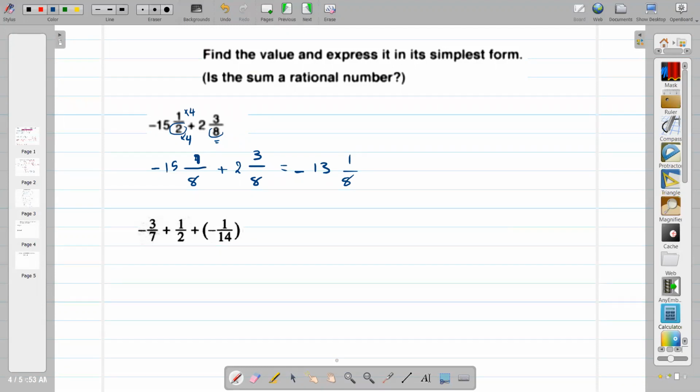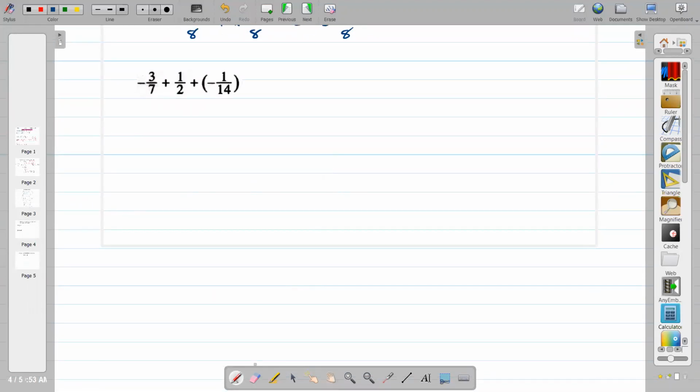Now this problem: here you can multiply by 2 to make 14, because 14 is divisible by both 7 and 2. Negative 6 over 14. Here you can multiply by 7: plus 2 times 7 is 14, 1 times 7 is 7, plus negative 1 over 14.